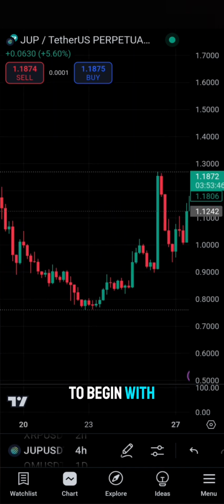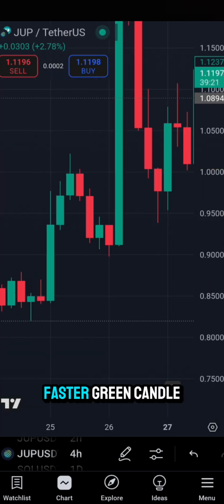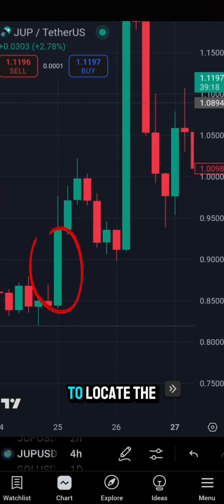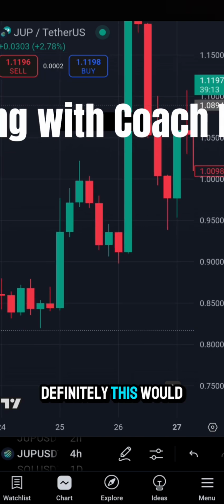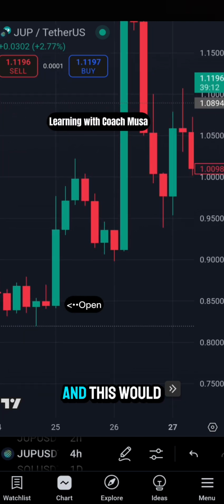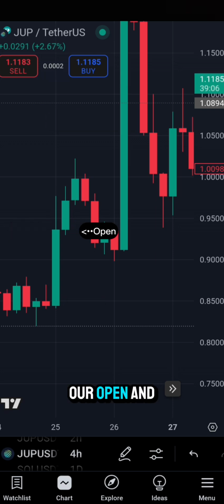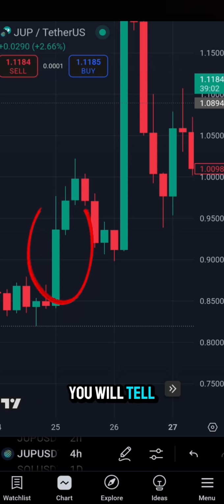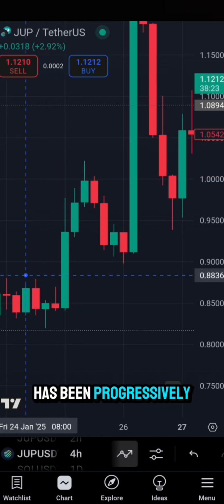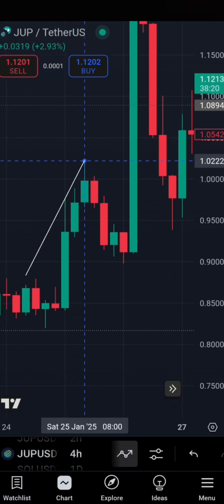We are going to begin with the green candle. Looking at this first green candle, if you were to locate the open and the close, this would be our open, and this would be our close, right? On this candle, this would be our open, and this would be our close. And looking at these two consecutive candles, you will tell that the price has been progressively increasing.